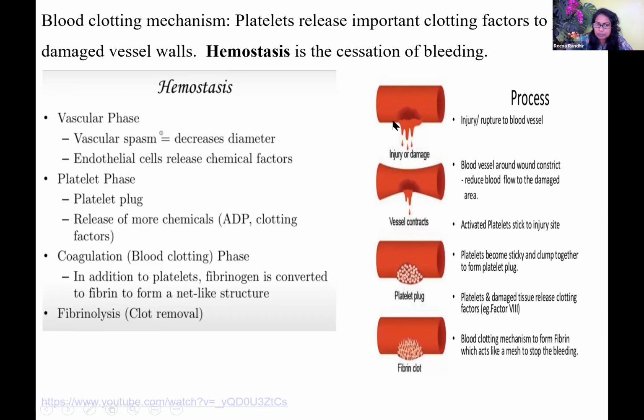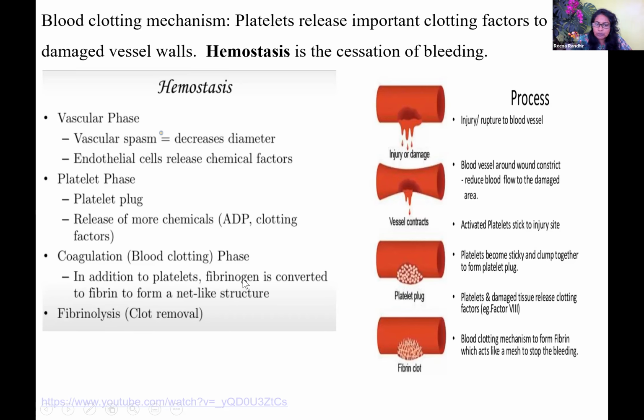They will all accumulate here and form a platelet plug. This will trigger all the clotting factors, intrinsic and extrinsic, and they will form a temporary patch to avoid blood loss. This will trigger real coagulation of blood.